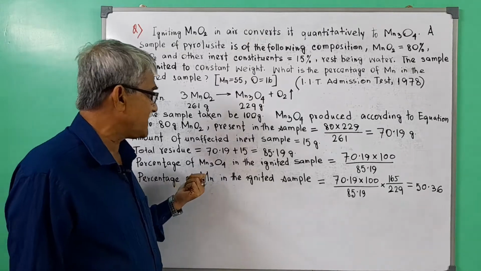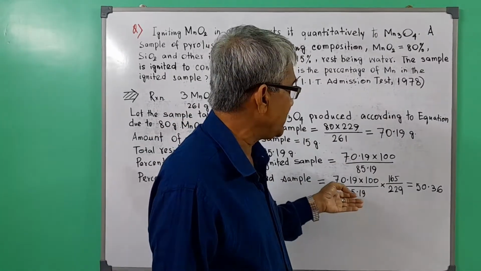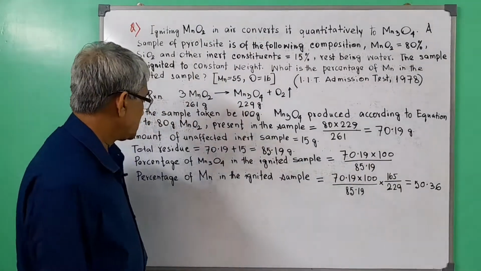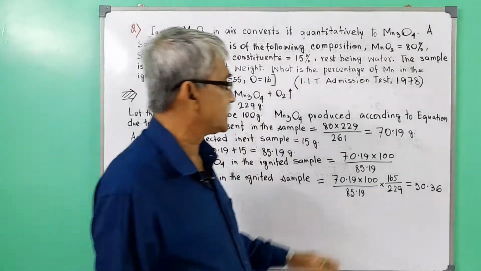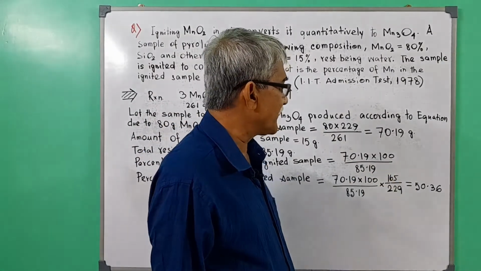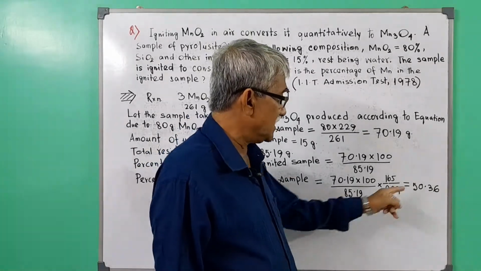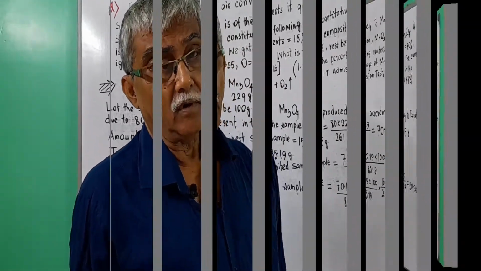Therefore, the percentage of Mn3O4 in the ignited sample is equal to 70.19 by 85.19 into 100. Therefore, the percentage of manganese in the ignited sample is equal to that into 165 by 229. And if you calculate it, it becomes 50.39, and that's the answer.